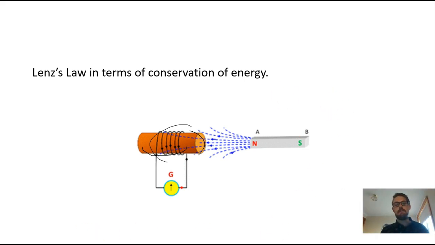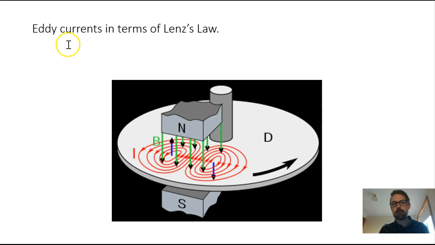The last thing we have to look at is these little eddy currents. I really like their name. With eddy currents, we have a magnetic field, which you can see here with the green line, going through a piece of metal that's moving, rotating around. What happens is the magnetic field wants to oppose the magnetic field you can see from this magnet.